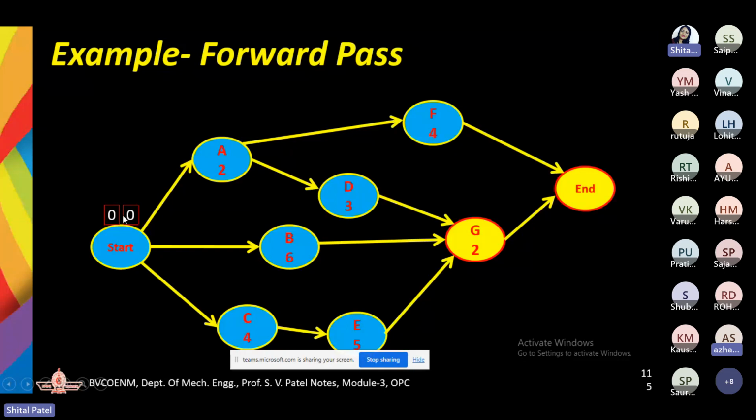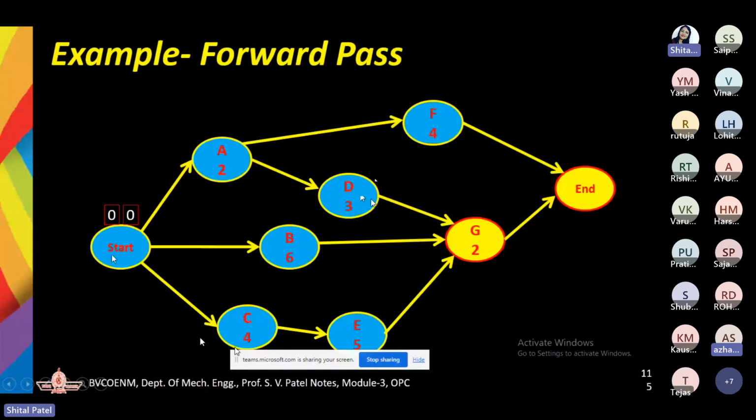The very first cell, the red color cell, is going to show the early start time, and the next cell is mentioning the earliest finish time. So in the forward pass we get the earliest times, and in the backward pass we get the latest times. Let's consider one by one, and accordingly you'll come to know this.